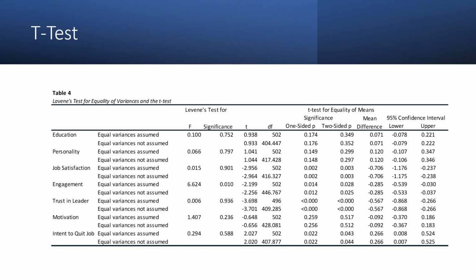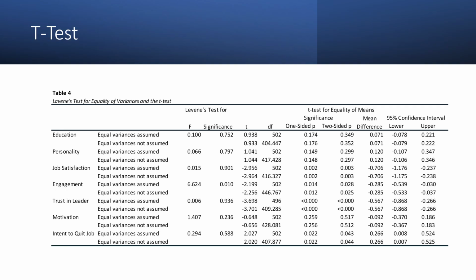Table 4 reflects that all variable significance levels listed under Levene's significance column exceed 0.05, allowing us to use the equal variances assumed line for all variables tested except for engagement, which relegates us to use of the equal variances not assumed line.